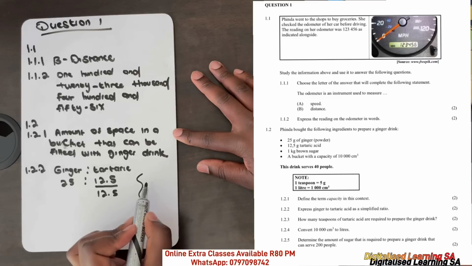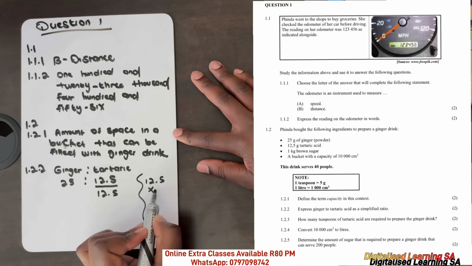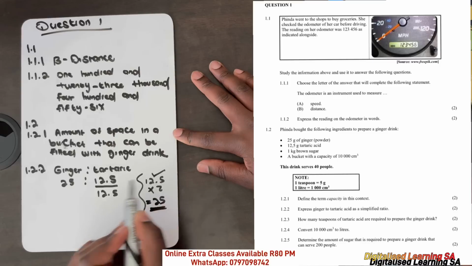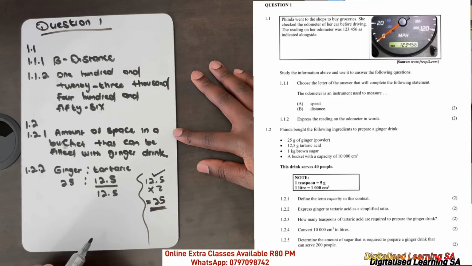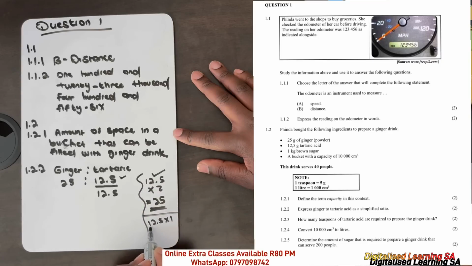If we take 12.5 and multiply by 2, we will get 25, meaning that 12.5 is a factor of 25. And if we take 12.5 and multiply by 1, we will get 12.5, which means 12.5 is also a common factor of 12.5.